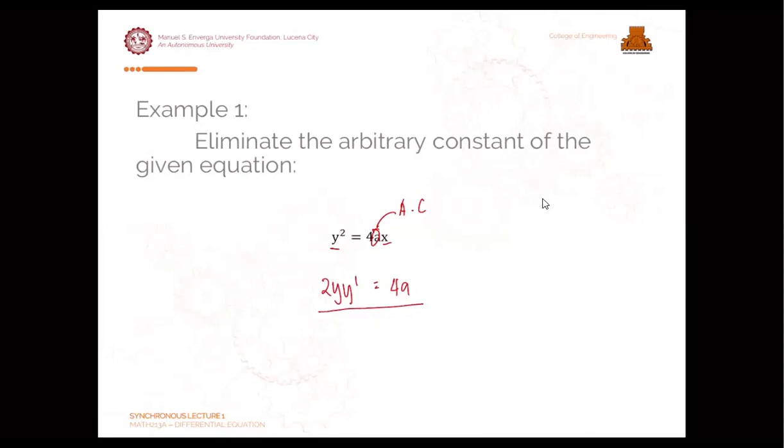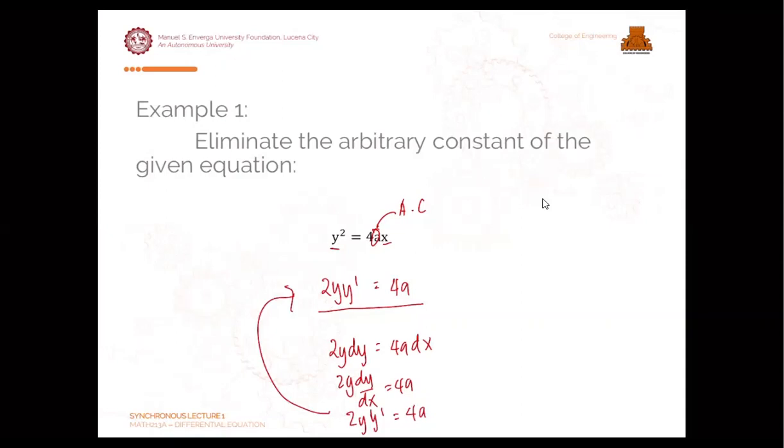Pero di ba, naging ganyan yan kasi kung implicit tayo, 2y dy is equals to 4a dx. So yung 2y dy/dx is equals to 4a, tapos tsaka mo lang siya magiging 2y y prime is equals to 4a.